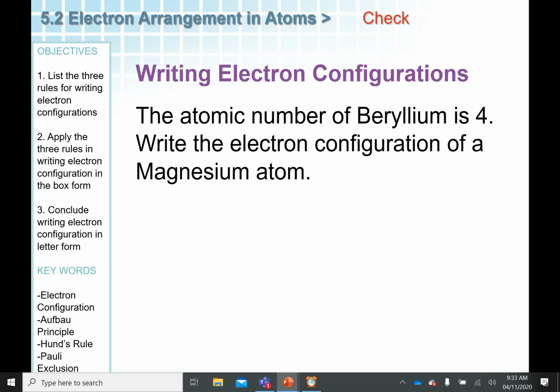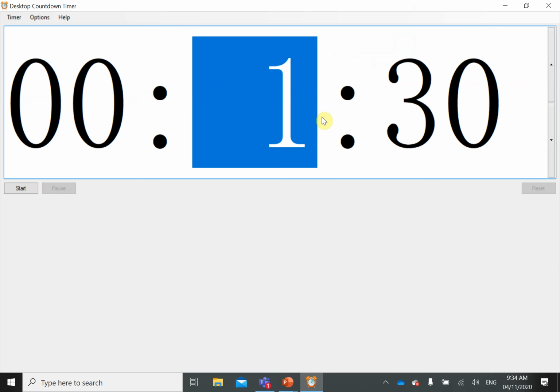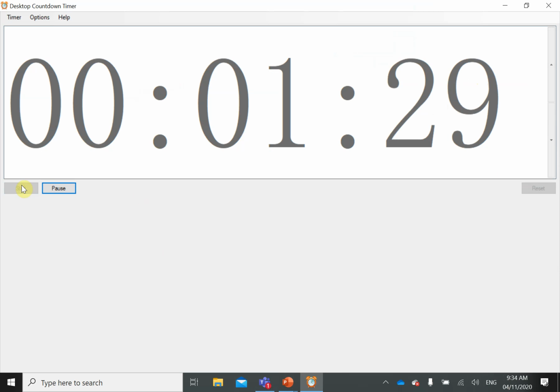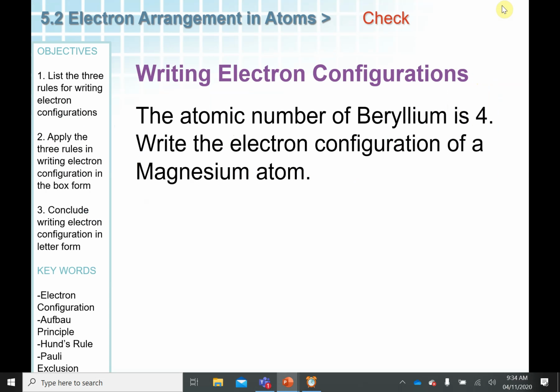Now when it comes to beryllium, can you do it on your own? I'm going to give you a timer so you can do it on your own. What do you think?